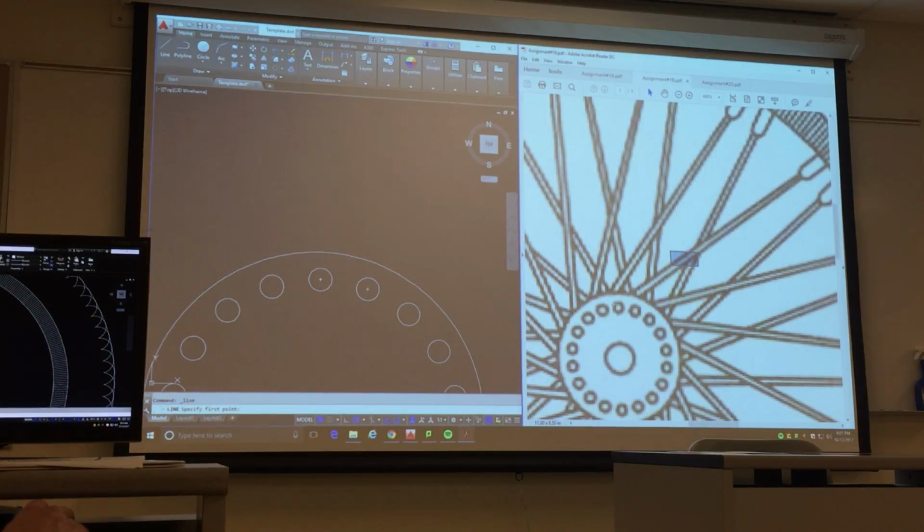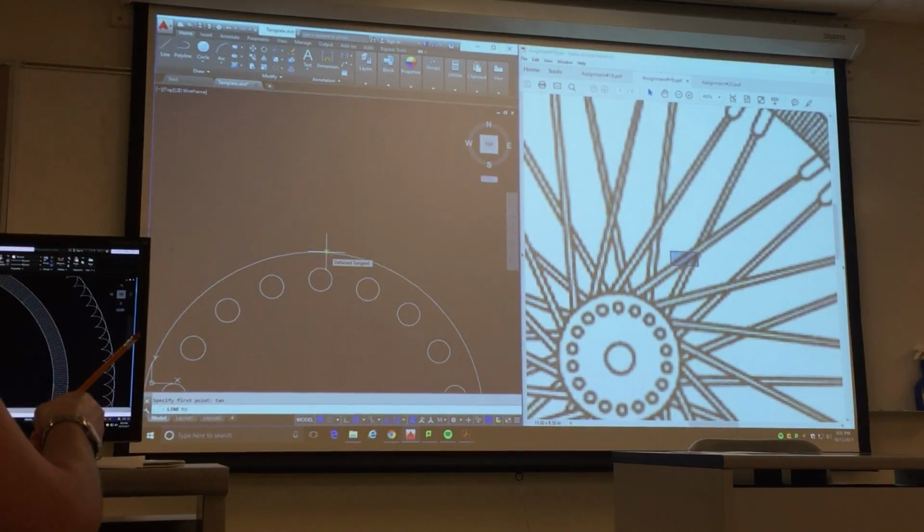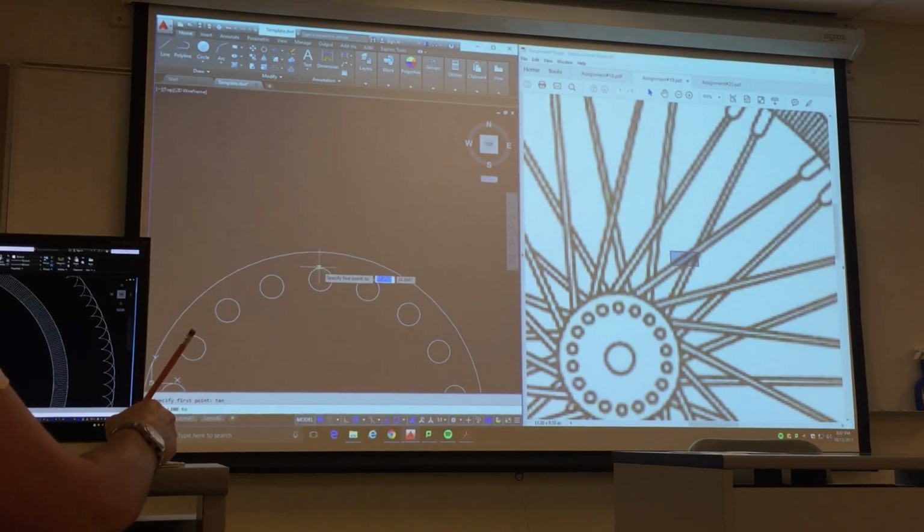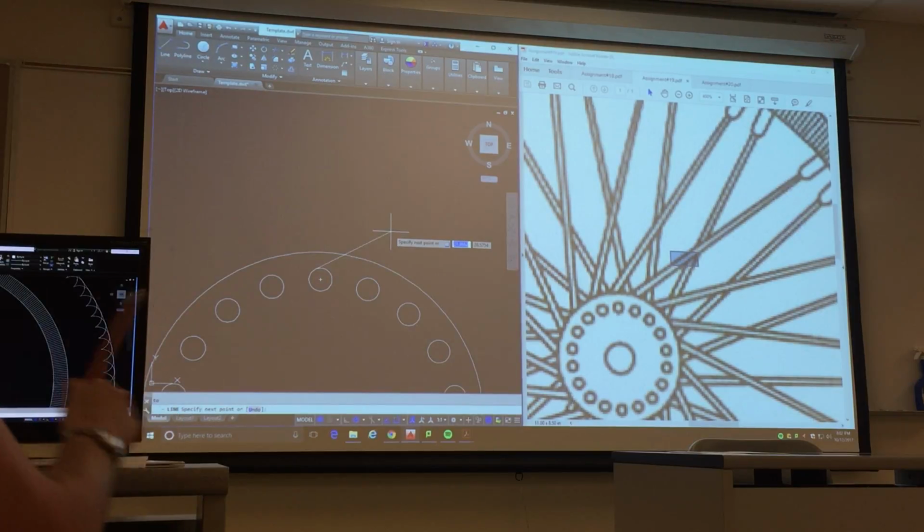It's hitting it at the tangent. You remember when we had to do this, right? So I'm going to get a line, and I'm going to type TAN enter. This is the first application of, why do we need to learn that? Well, here you go. This is it in application. This guy actually connects to the tangent of that circle.